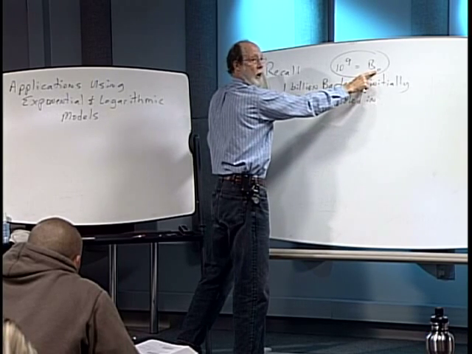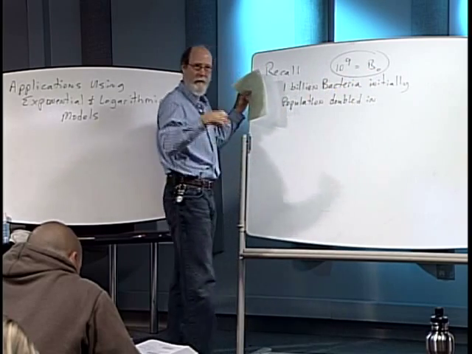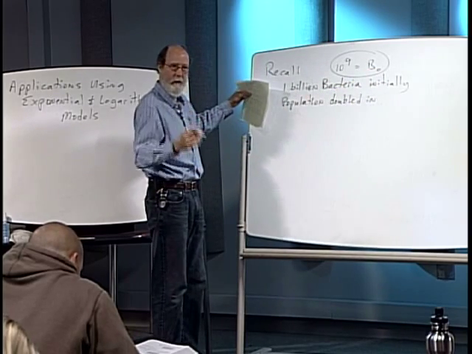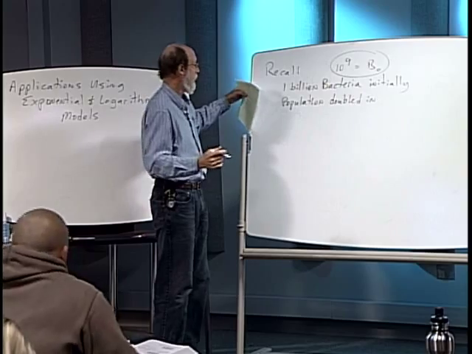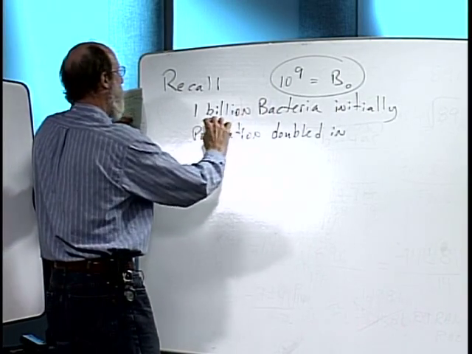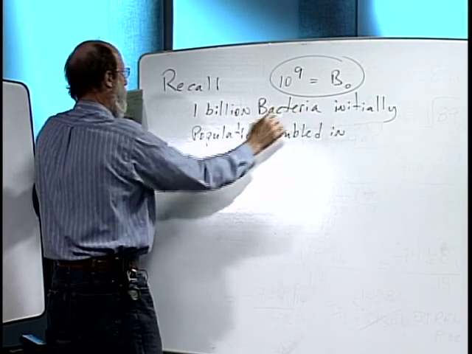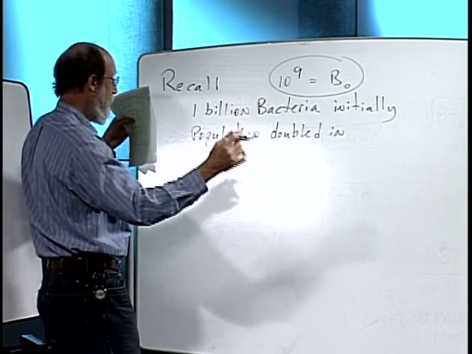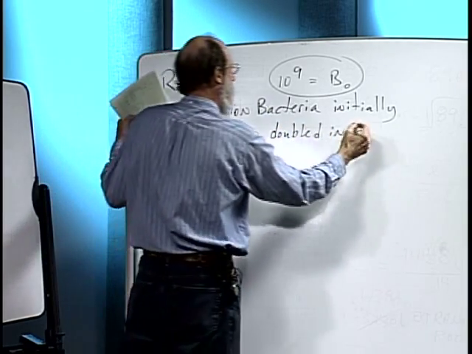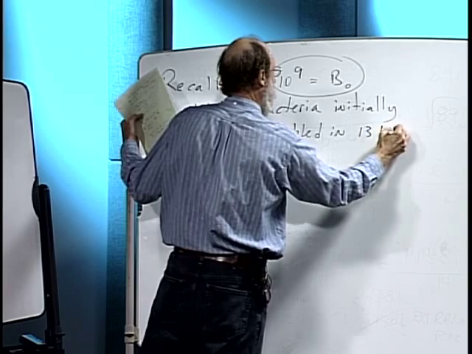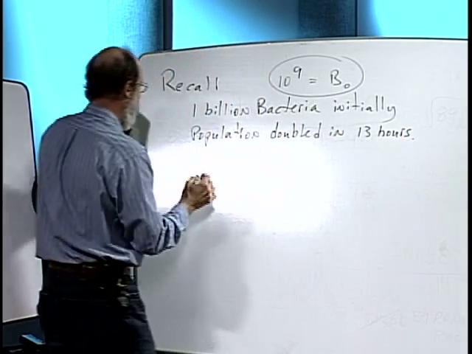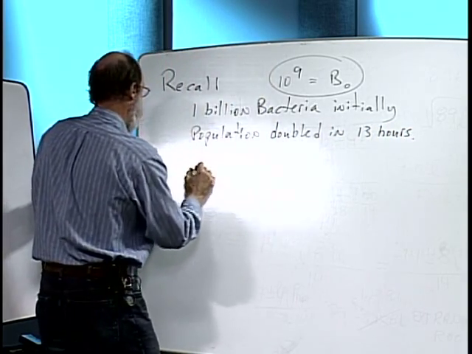Sometimes we call that naught. B naught is the language you'll hear other instructors using. We said that we started with 1 billion bacteria, and then someone suggested that we let this population double in 13 hours.